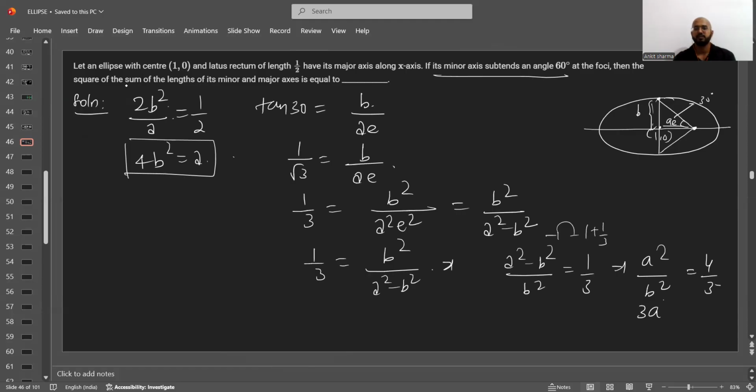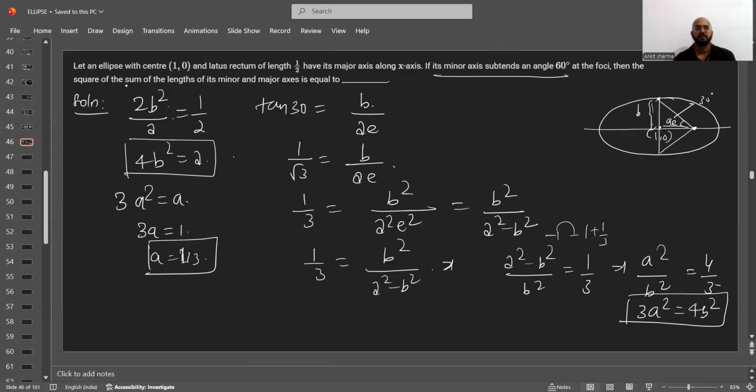Now I get 3A square is equal to 4B square, and 4B square is nothing but A. So we get 3A square is equal to A, so 3A is equal to 1, so A is 1 by 3. Once we got A equal to 1 by 3, B square is basically 3 by 4.